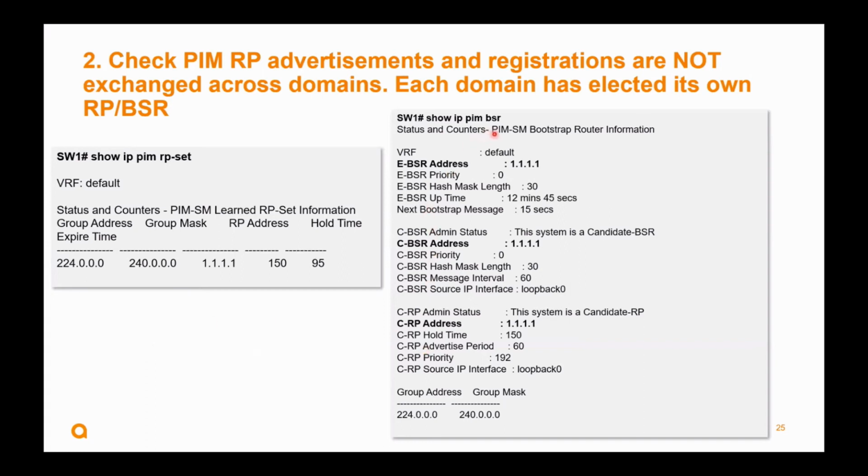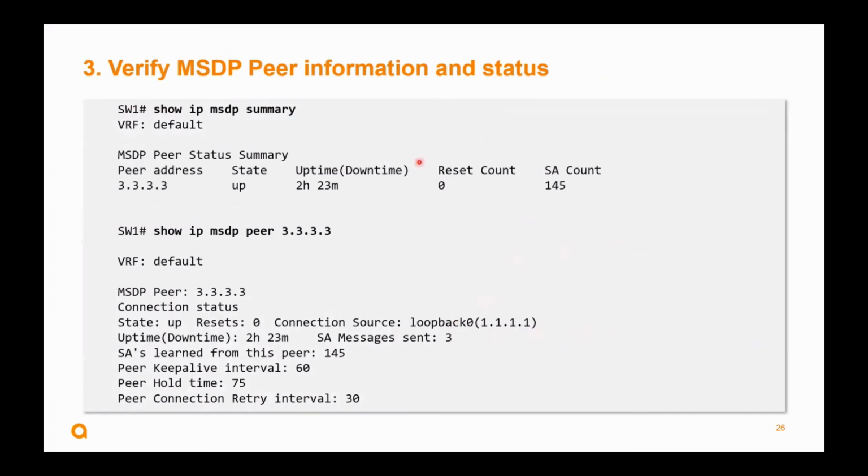Show ip pim bsr: here we are, the bootstrap router. On this switch, this system is the candidate BSR, and this system is the candidate rendezvous point, and for which groups. So that would be our BSR.